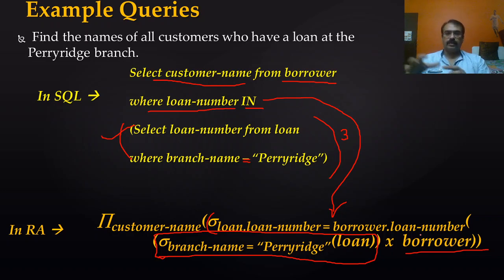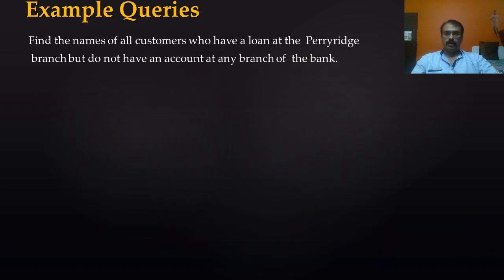And of course find the customer name. The same query is written in two different ways, in both SQL and RA. This is a nested query. As and when we proceed, the examples will become more complicated, the queries will become more complicated, so be careful about it.